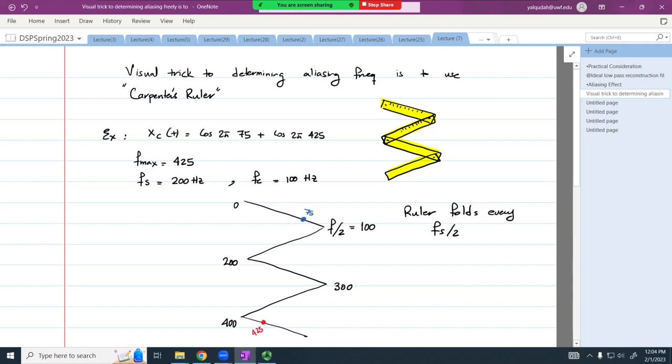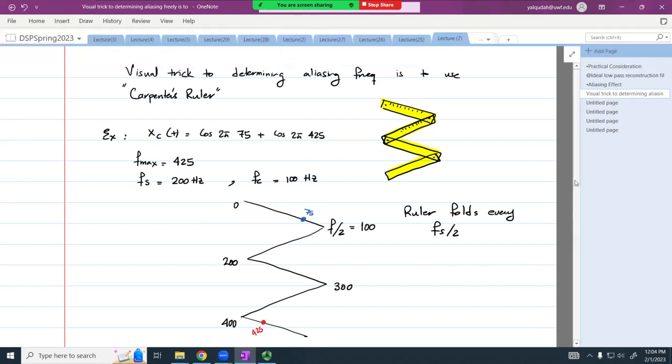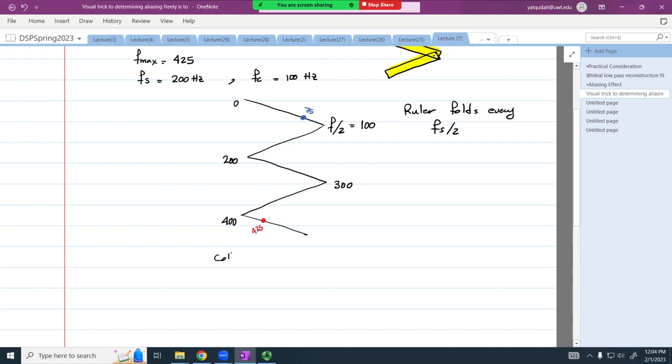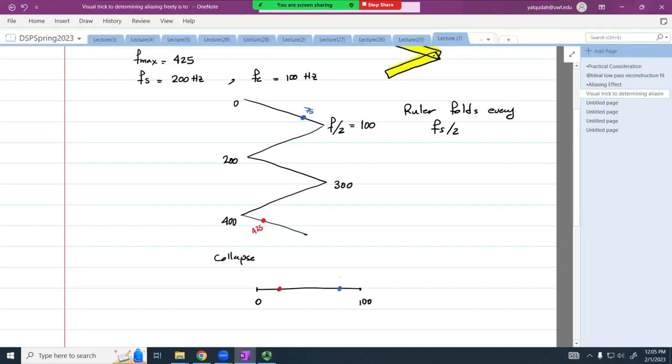Together? What do we do next? We collapse this ruler together. If I collapse it, I'm going to get a ruler that has a length of 100, and I'm going to see two marks on it. One mark is blue at 75 at this point, and one mark is red, which is going to be at this point here. Agree?